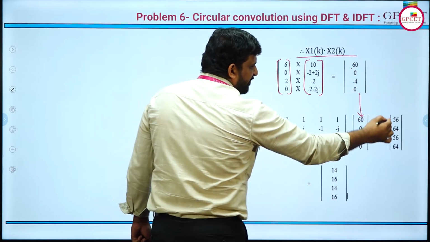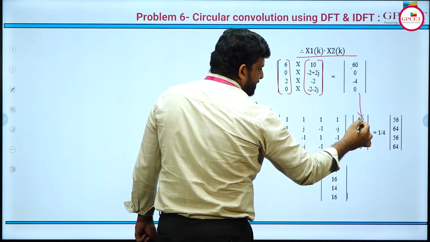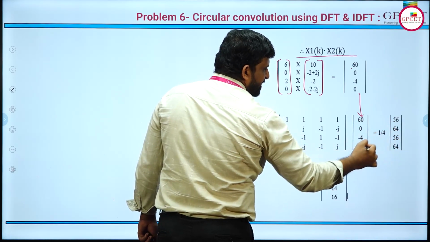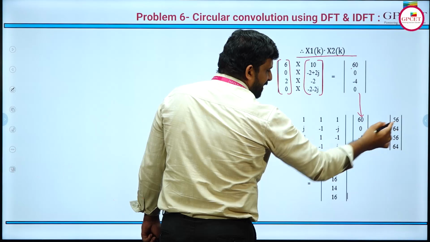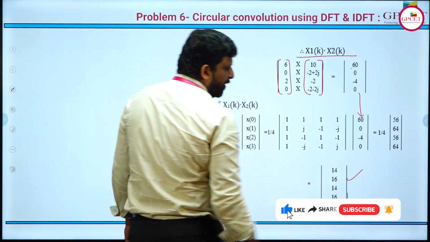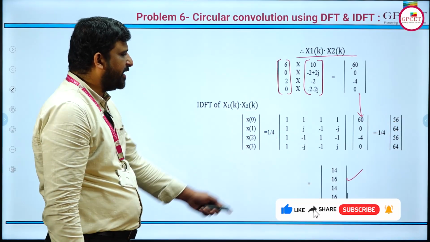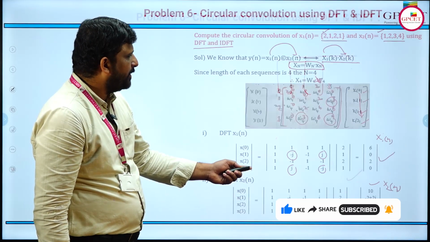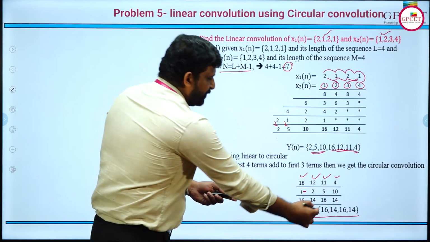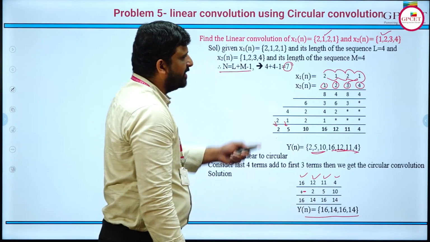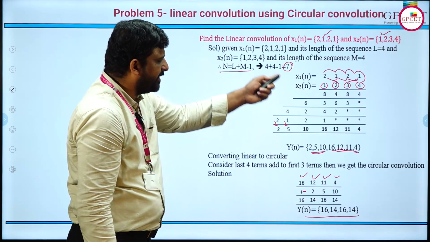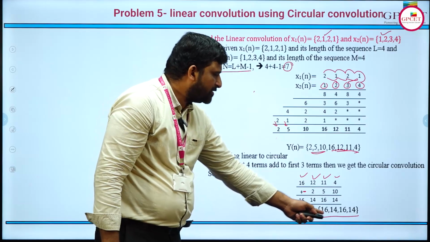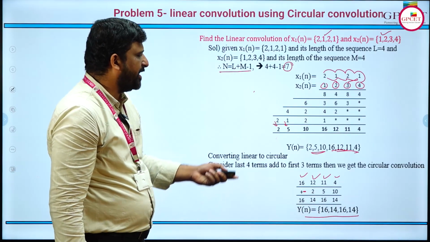So I got 1 by 4 into 56, 64, 56 and 64. If I do this multiplication, the final answer what I am going to get is 14, 16, 14, 16. You have seen the same thing previously. This one, 16, 14, 16, 14. That means linear convolution answer is converted into circular convolution. So I got the value 16, 14, 16, 14.